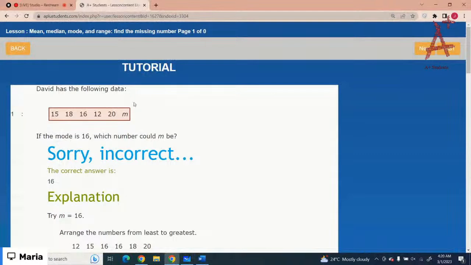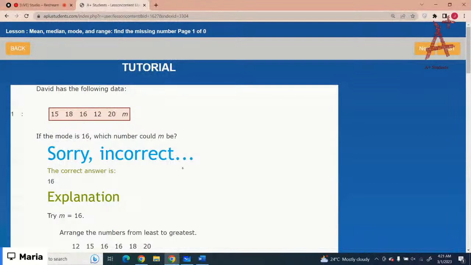David has the following data. If the mode is 16, what could M be? The mode is the number that occurs the most. Got it? So the mode is 16, which means 16 is the number that occurs the most in the data.